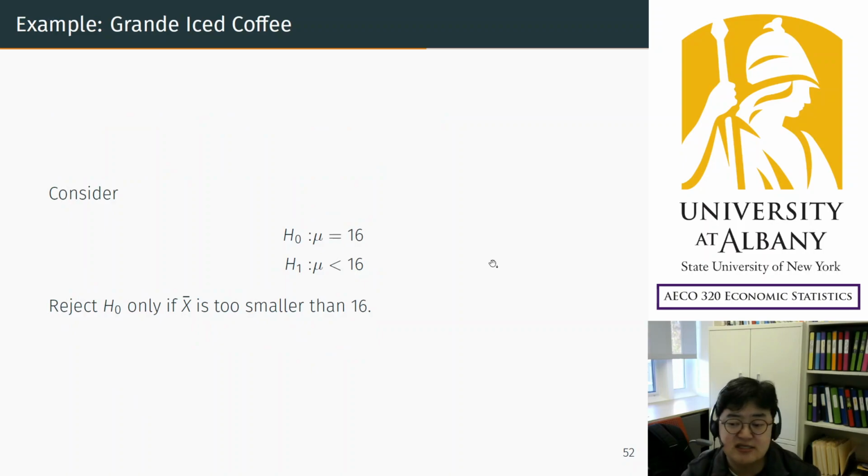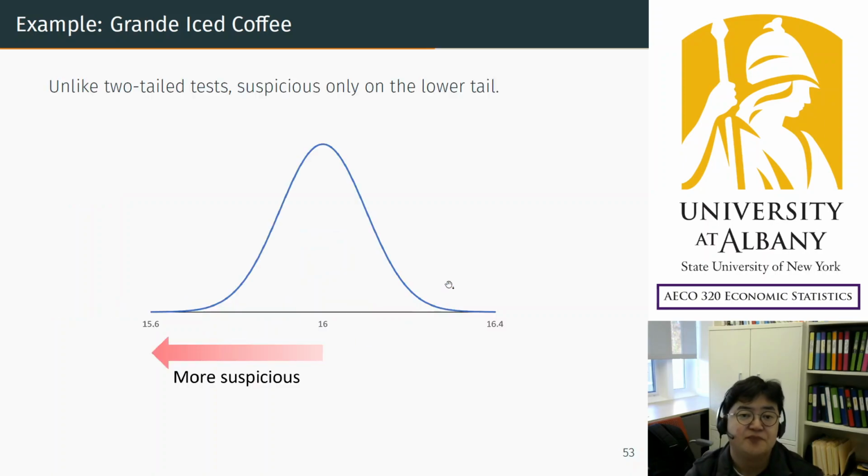So here in this example, I'm going to consider this case: we will reject if the sample average x bar is too small. That is natural in our context. Let me explain the idea with a graph. We believe the truth is 16 here, right? So assume that my belief is correct.